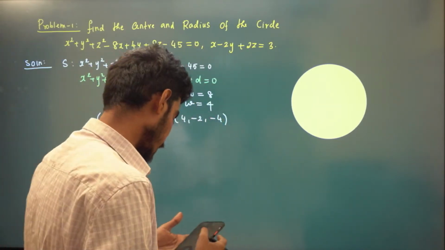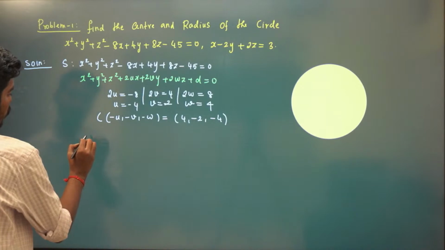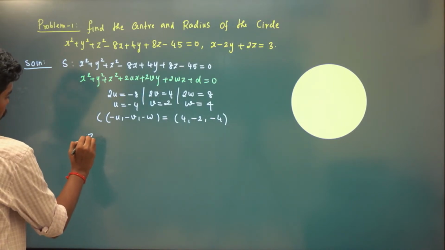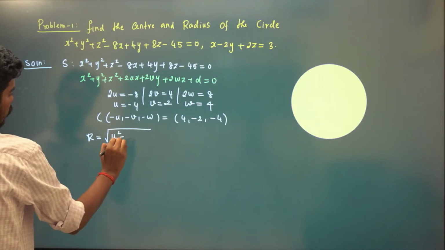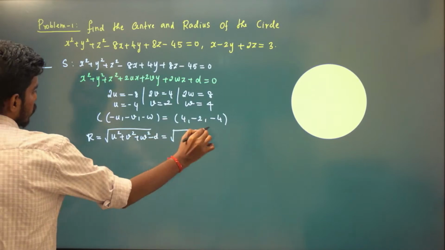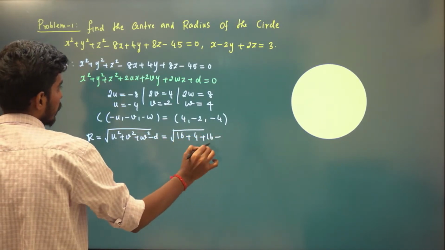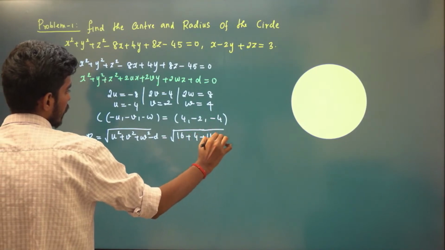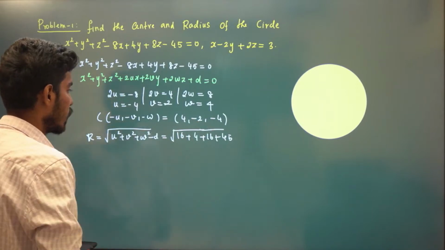And what is the radius of the sphere? The center of the sphere is (4, −2, 4). And what about the radius? We have assumed it to be capital R. So R is the root of u² + v² + w² − t. Because t is −45, minus t is plus 45.